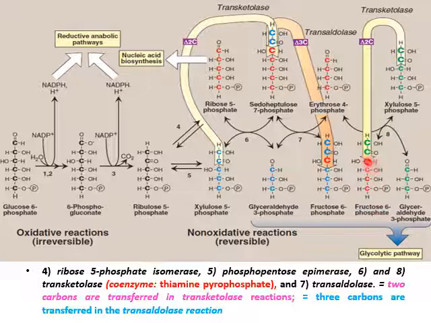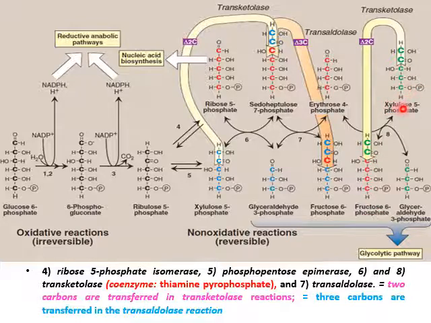So here you can see that these 4 carbons, which are given in red color, are derived from erythrose 4-phosphate, and these 2 green carbons are derived from xylulose 5-phosphate. So 4 carbons of erythrose 4-phosphate and 2 carbons of xylulose 5-phosphate make a 6-carbon structure, which is called fructose 6-phosphate.